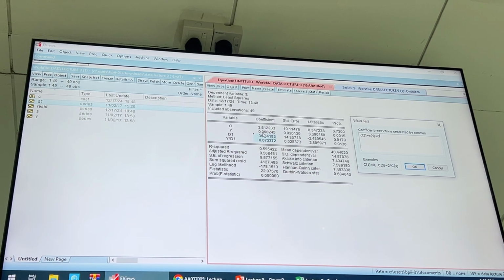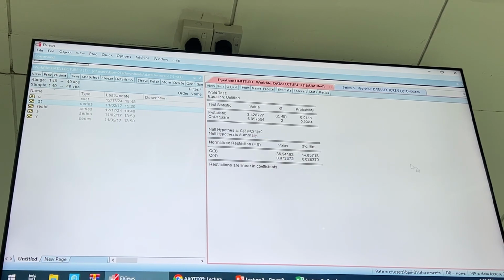So last week, I think one of the questions asked you to perform the test, you can just take from here. For this example, if you want to know whether intercept and slope are jointly equal to 0 or not, you can perform it like this.